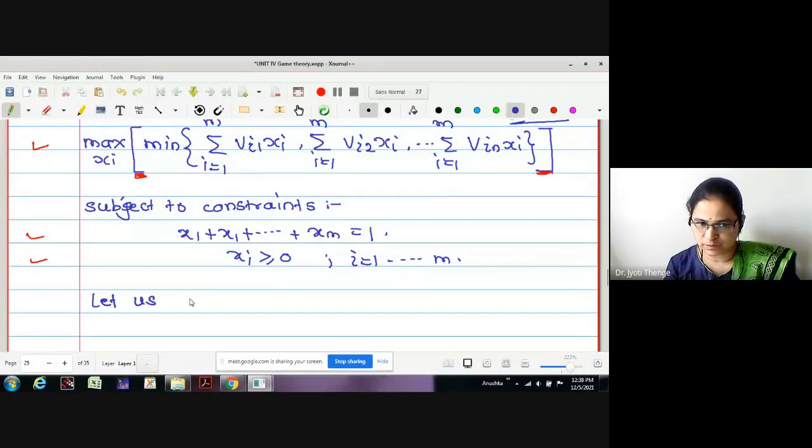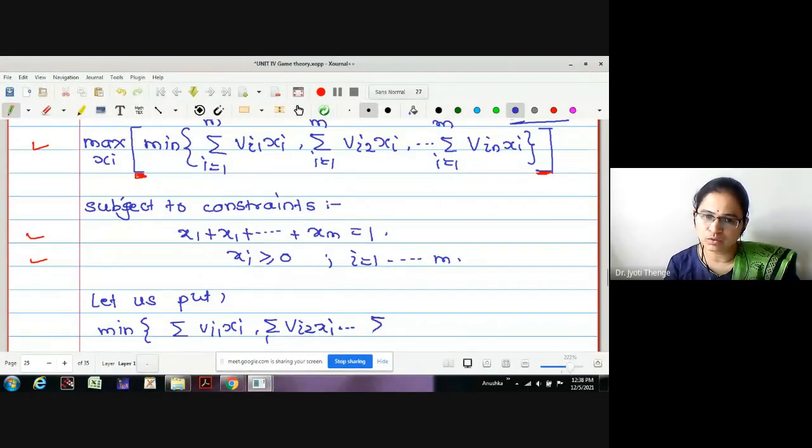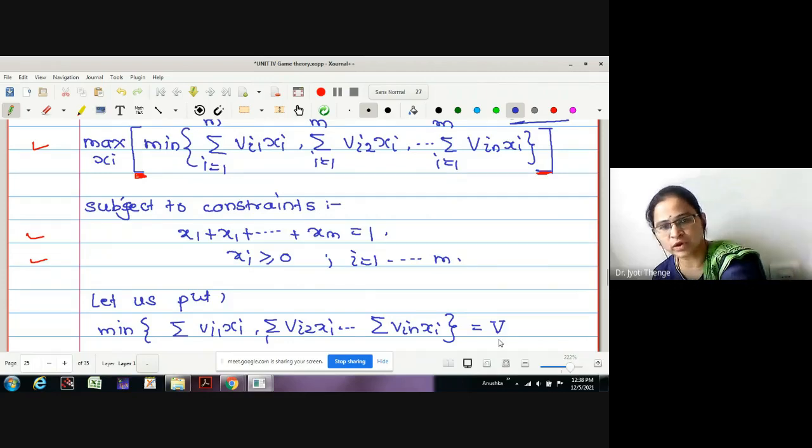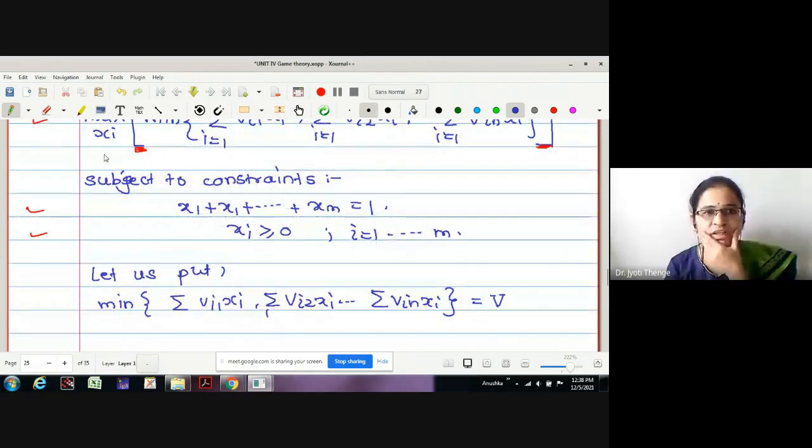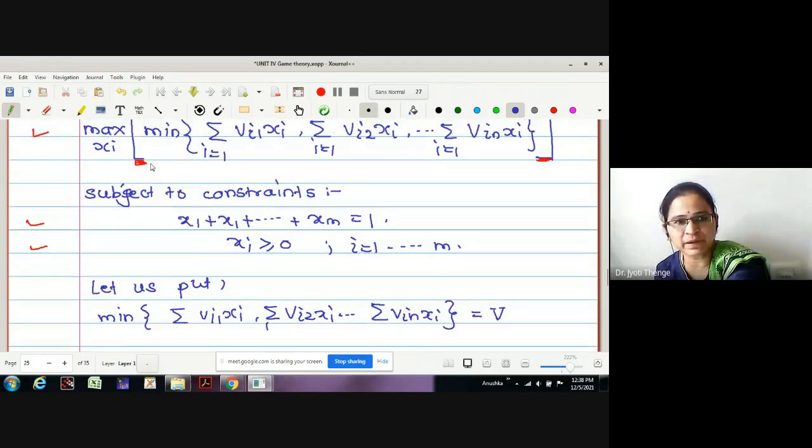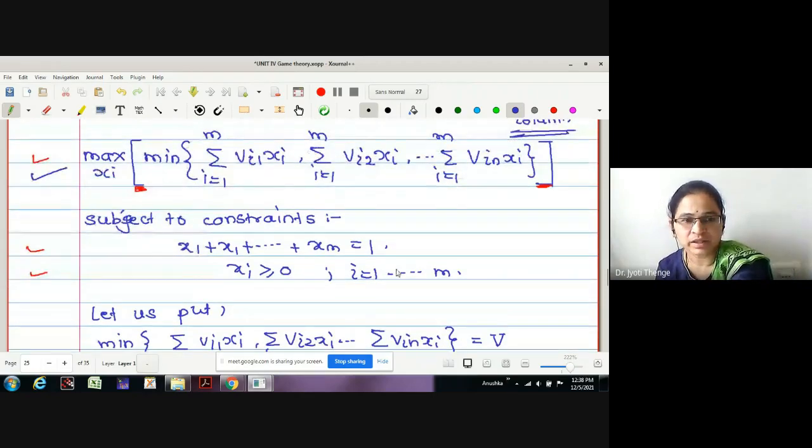Let us put this bracketed quantity, that is the minimum of summation vi1 xi, summation vi2 xi, summation vin xi, and I'm going to call this the objective function v. So this statement becomes maximum v, no?